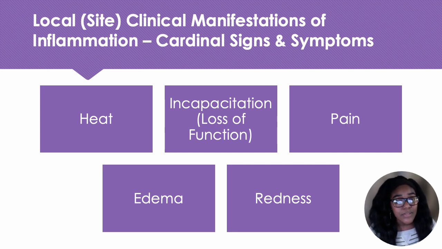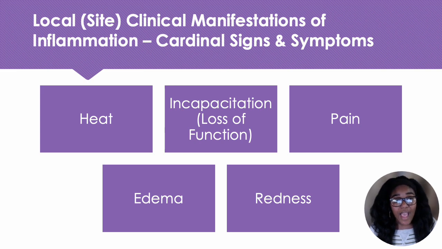The signs and symptoms listed on this slide are local, or site, clinical manifestations of inflammation. And you can see this with the acute inflammation response. So you'll have heat at the site of injury. You can have incapacitation, otherwise known as the loss of function. You can have pain, you can have redness, and you can have edema.